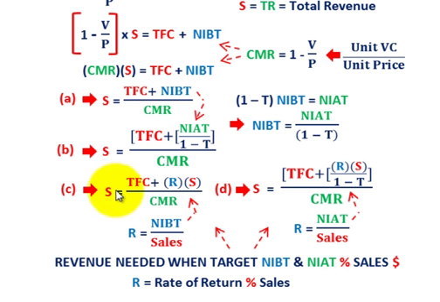So now we can solve for what we were looking at, rate of return as a percentage of sales. So sales equals our total fixed cost plus the rate of return on sales times the sales amount, again just divided by the contribution margin ratio.